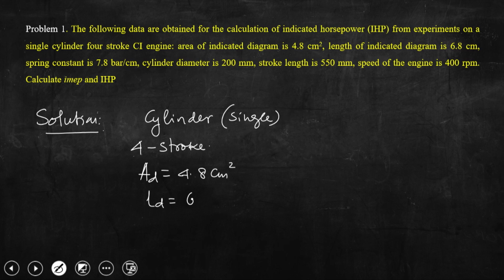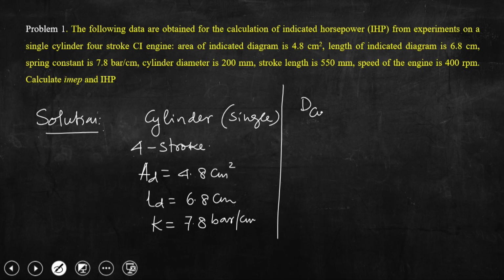So, LD is 6.8 centimeter. Now, spring constant K is given as 7.8 bar per centimeter, cylinder diameter D cylinder is equal to 200 mm, stroke length LS is equal to 550 millimeter, and engine speed is 400 rpm.